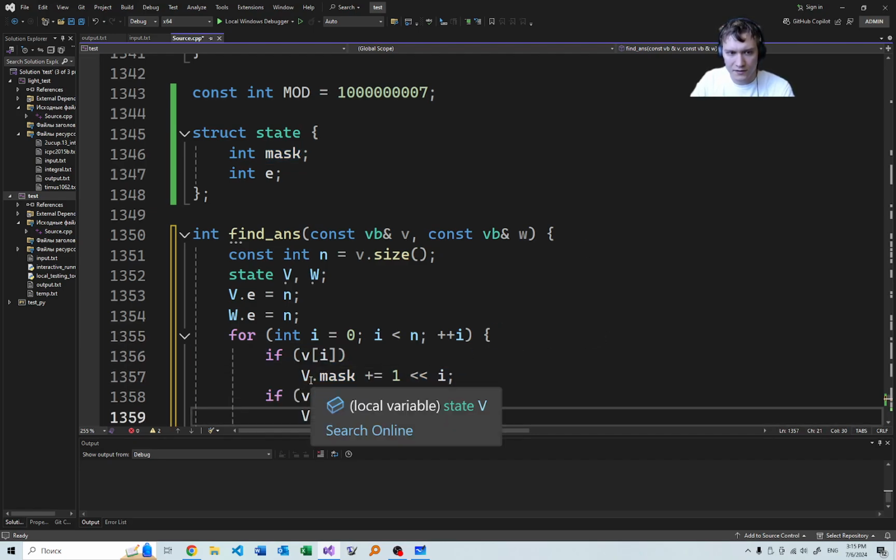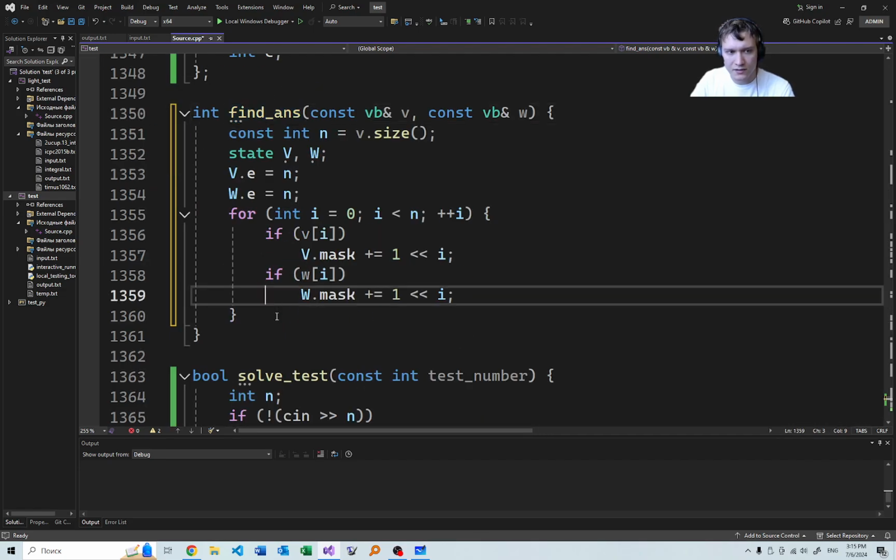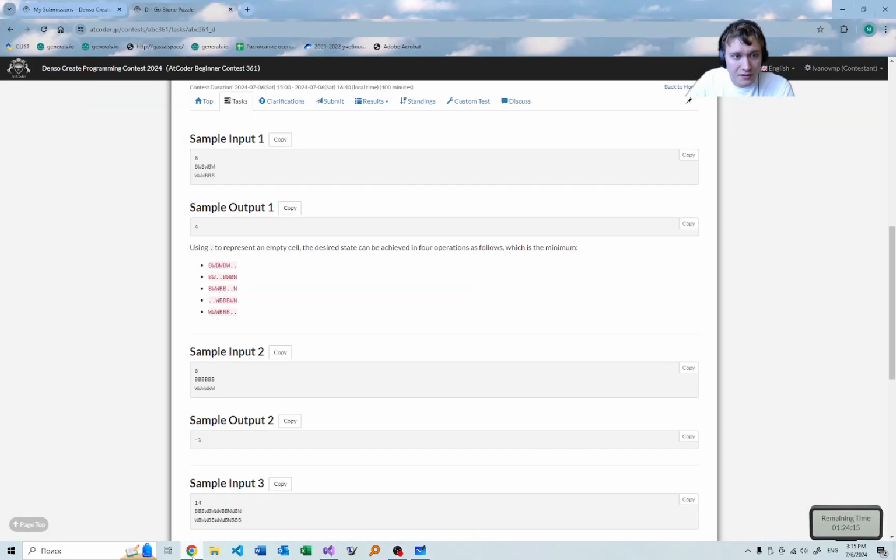And this is done. Okay, so we have two states. Then we need to make some transitions. How do we make some transitions?